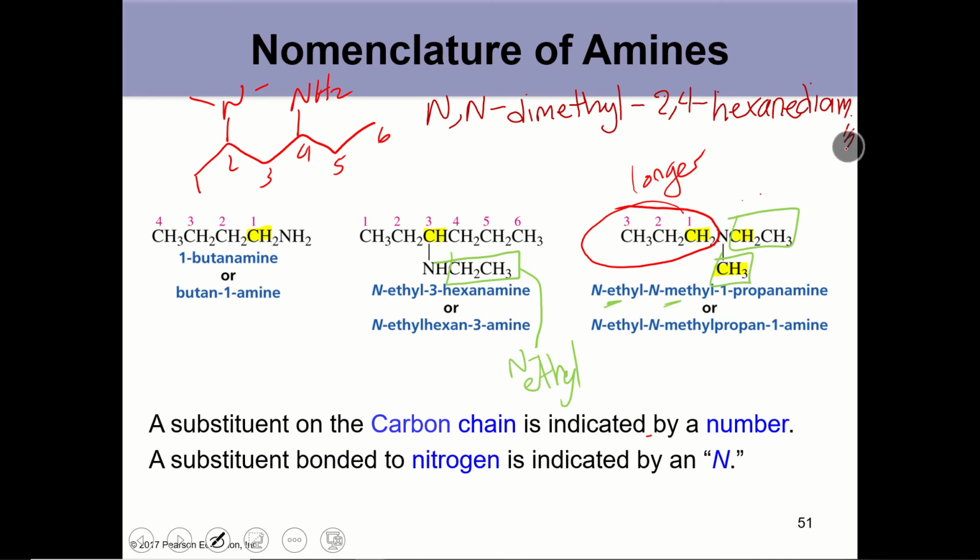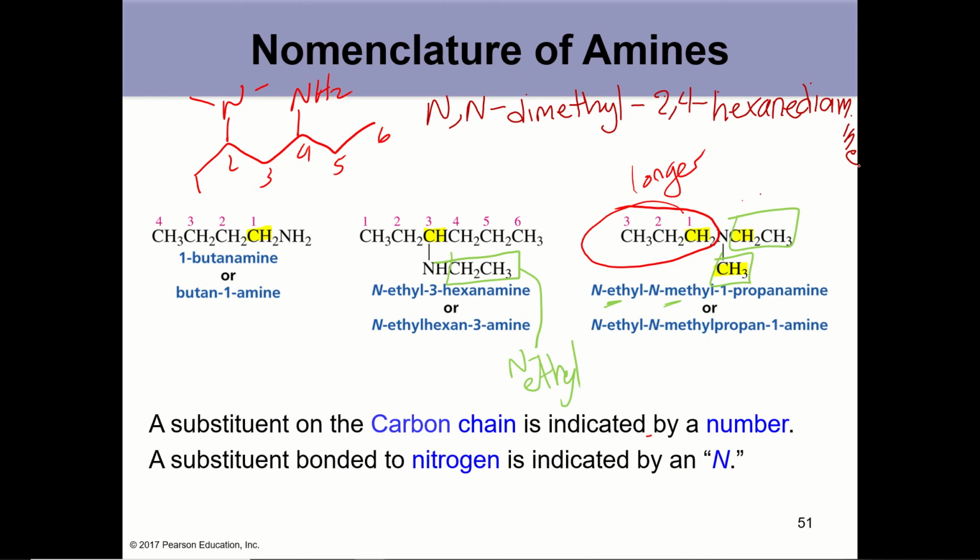If you have to insert a D for indicating there are 2 nitrogens, then you put back in the E and call it a hexane diamine.